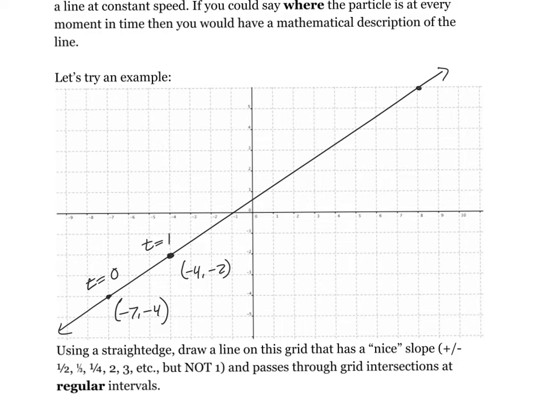And the bird's just going to keep following this pattern of moving over 3 and up 2 each second that goes by. The bird's moving the same distance along that line in the same direction.